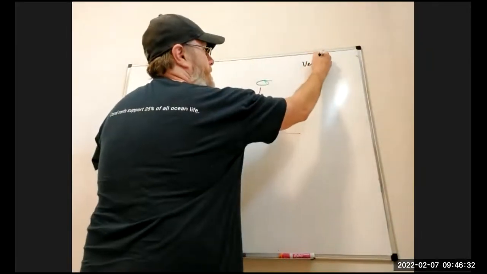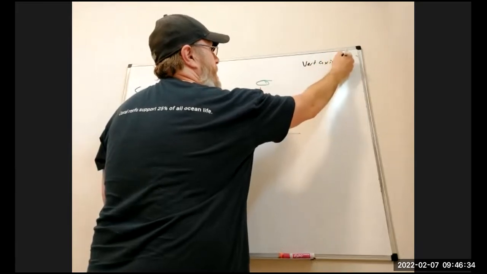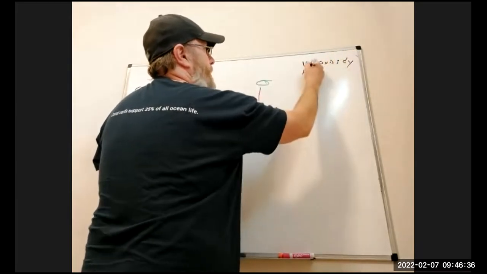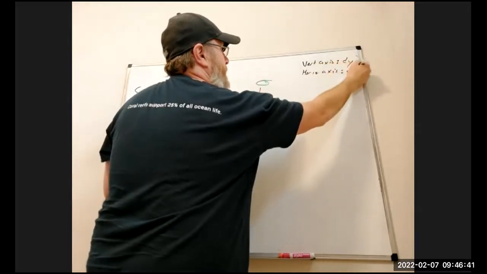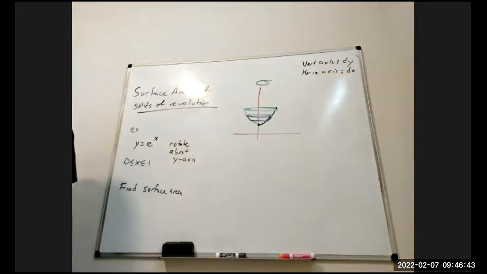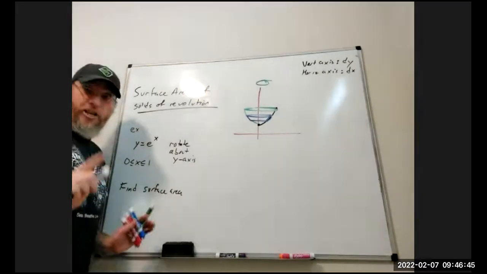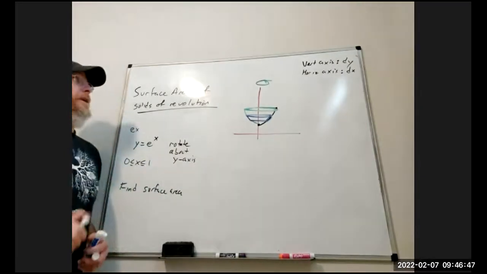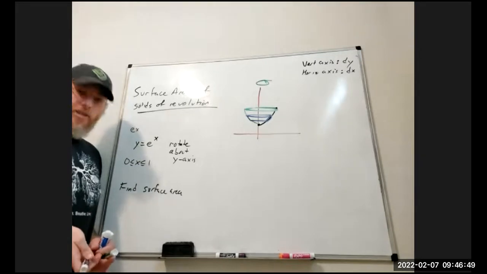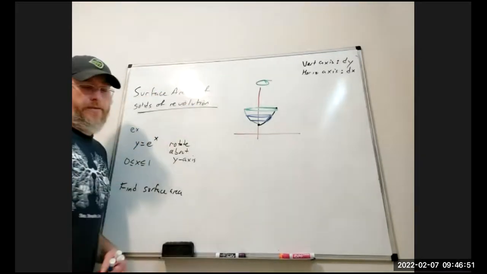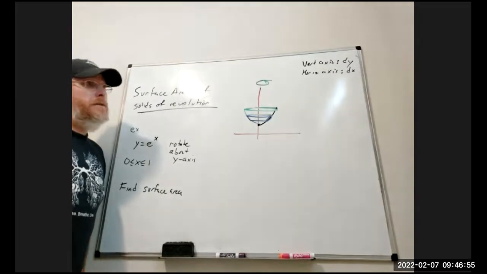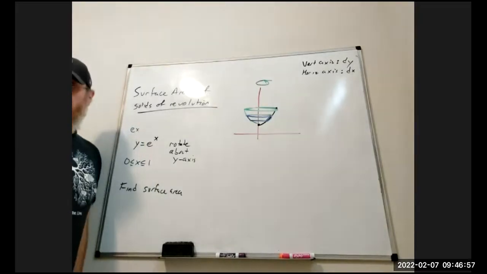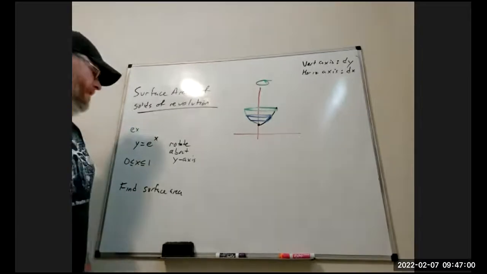So vertical axis, there's going to be a dy; horizontal axis, you want a dx. That's just in general when you're doing surface areas, the same as doing volumes by slices. All right, so we're going to go with dy.